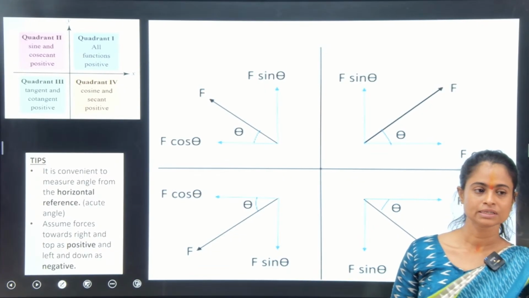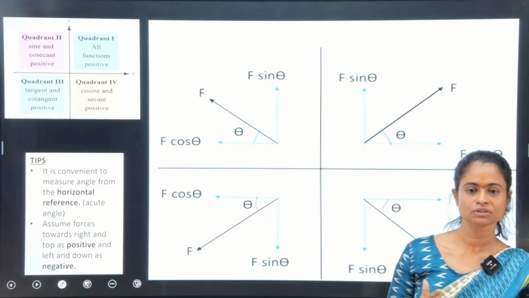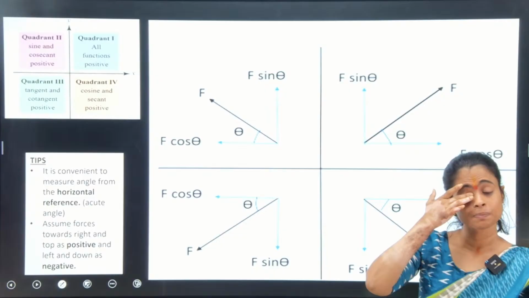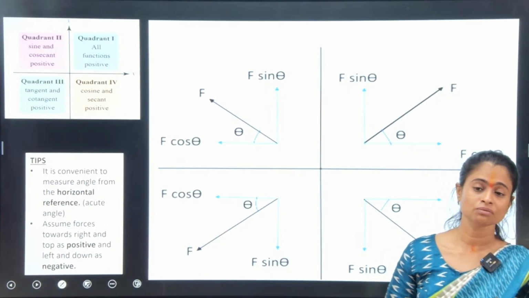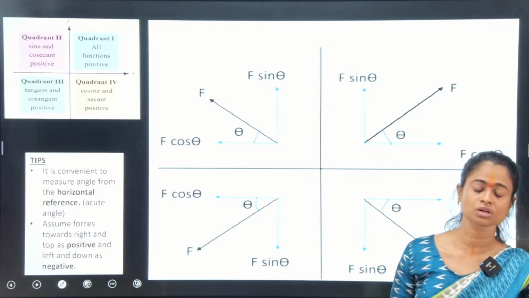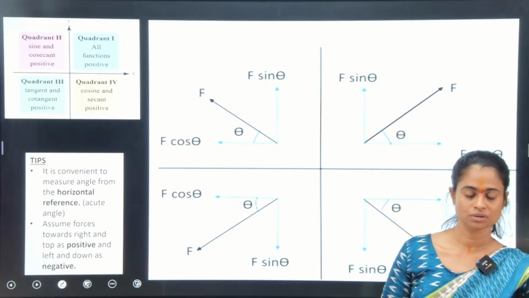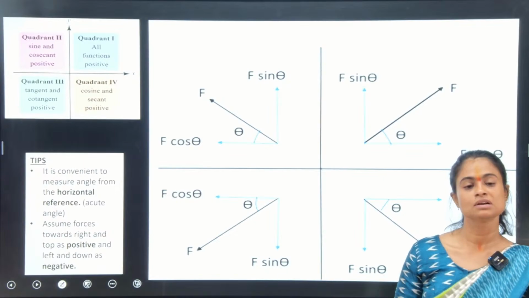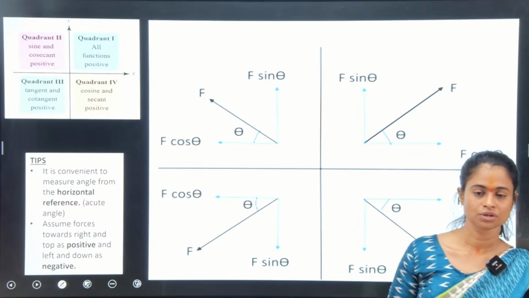Direction decides whether the force will be positive or negative, and the cos and sine component will also decide whether you consider it a horizontal or a vertical component. You will make mistakes during calculation.